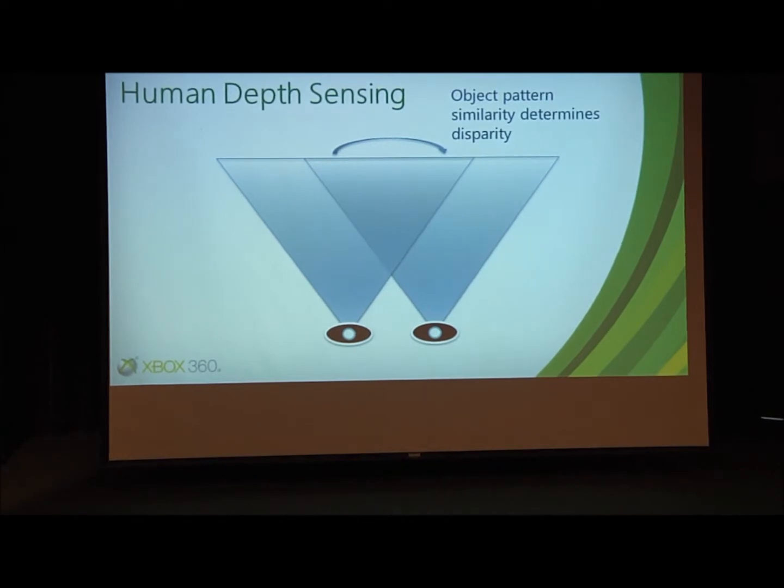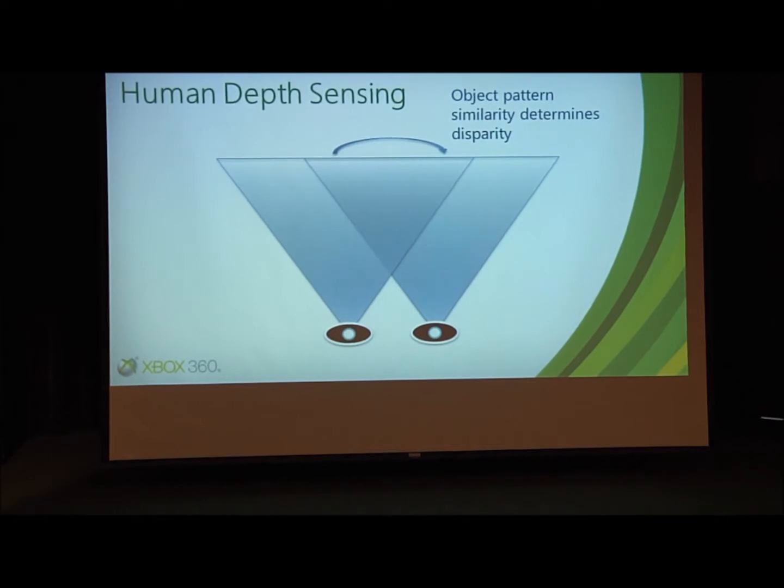The way 3D depth sensing works is very similar to the way human visual 3D sensing works. The way humans perceive 3D is that most of us have 2 eyes, and the image that comes to our left eye is slightly phase shifted from the image that comes to our right eye, because they're a little apart.